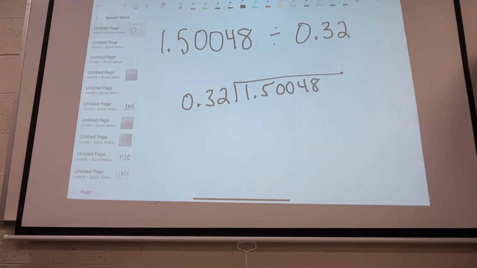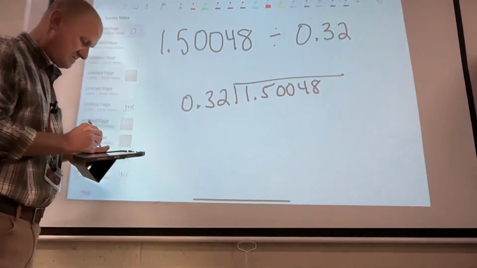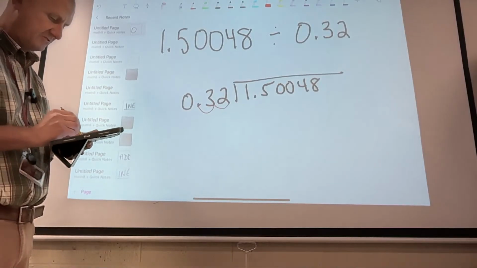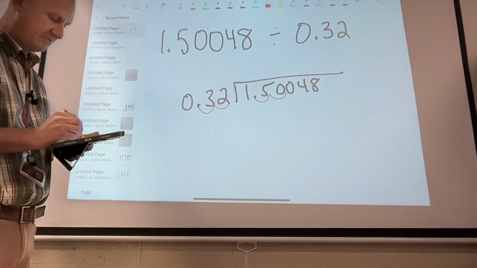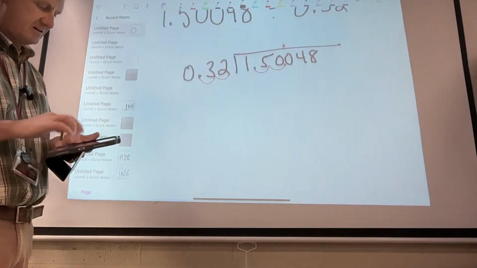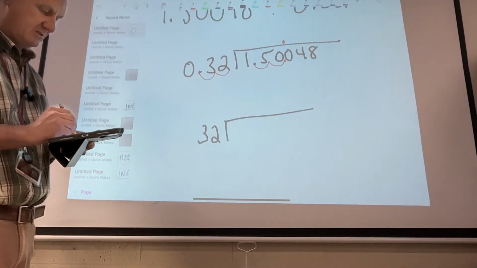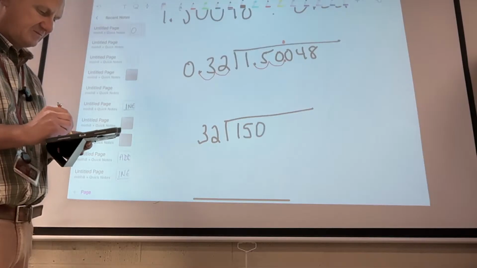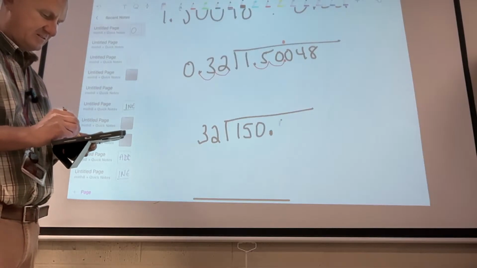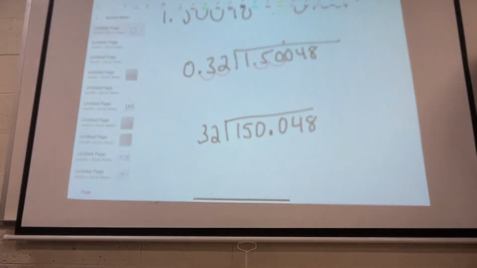I have to move 2 spaces outside, so I'm going to move 2 inside. I'm going to put it right between the 2 zeros. So I'm going to rewrite it as 32 goes into 150.48. Okay, put this straight up.